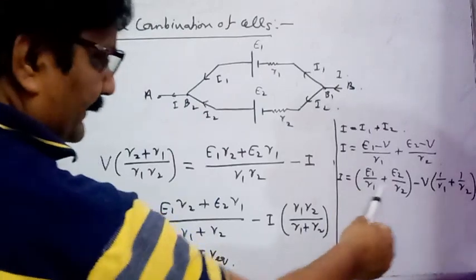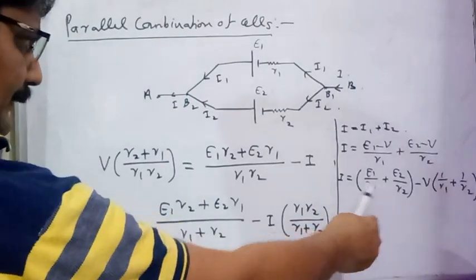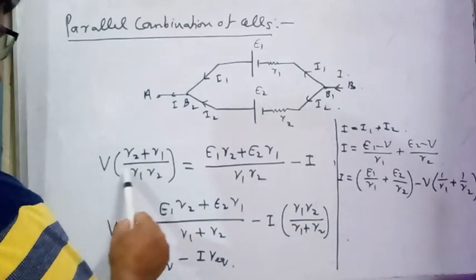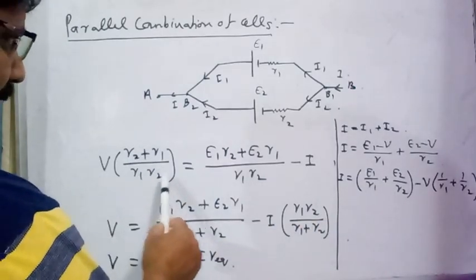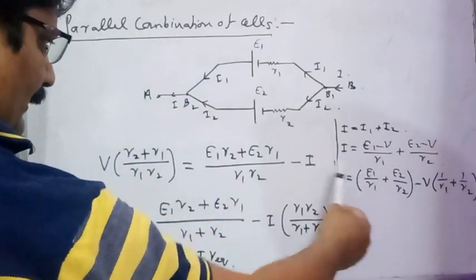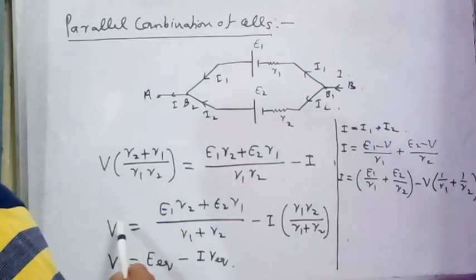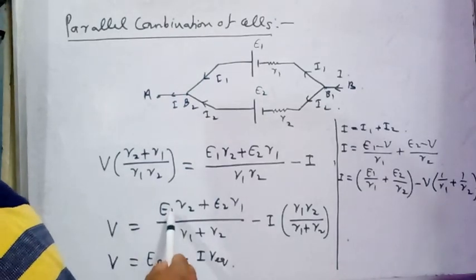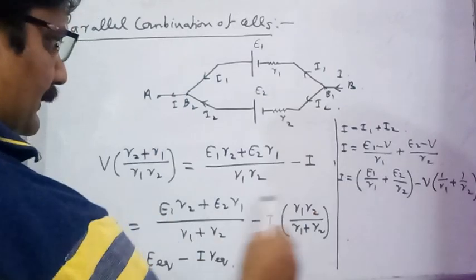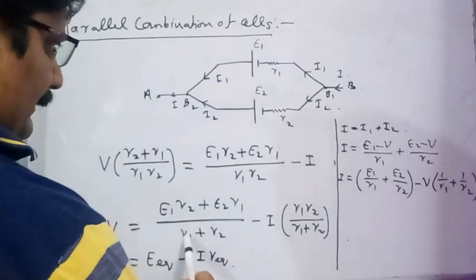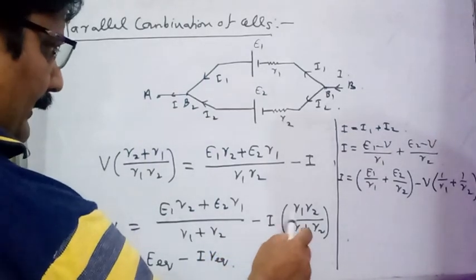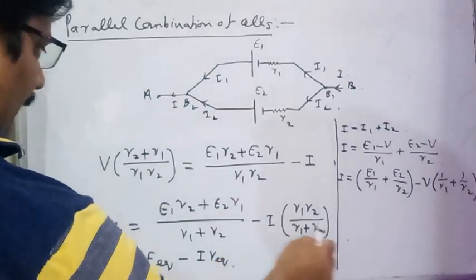students, see, solving this equation, we can get the value of V into R2 plus R1 by R1 R2 after taking LCM of this term and taking this quantity to the other side. We can get the value of V as E1 R2 plus E2 R1 divided by R1 plus R2 minus I into R1 R2 divided by R1 plus R2.